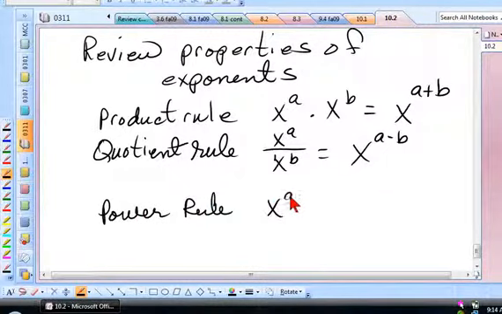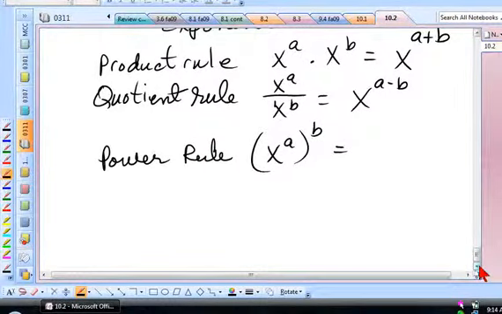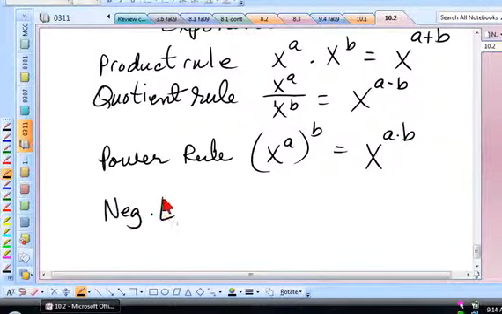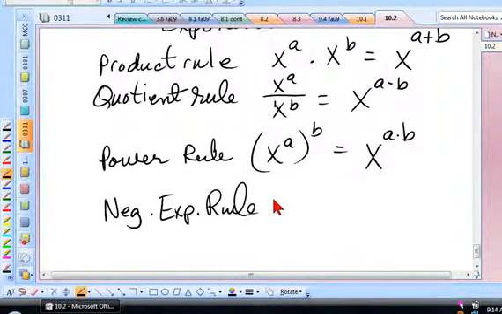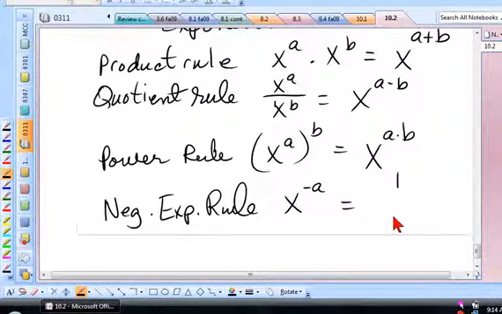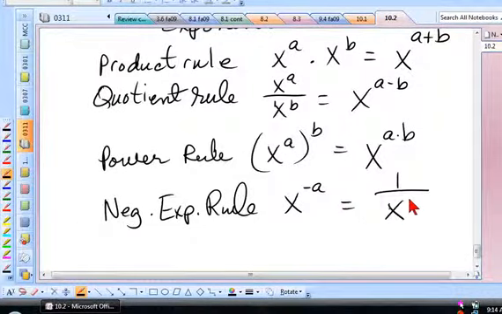If you have x to the a and you raise it to the b power, what do you get? x to the a times b. And we had the negative exponent rule, which we've already talked about, which says x to the negative a is 1 over x to the positive a.